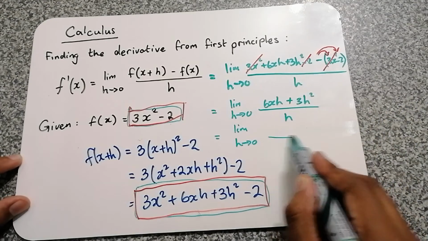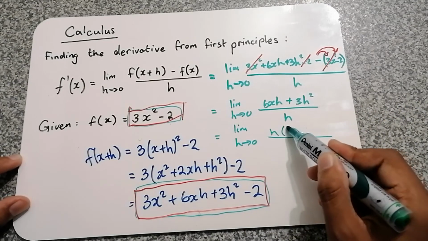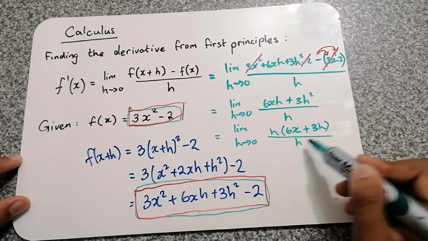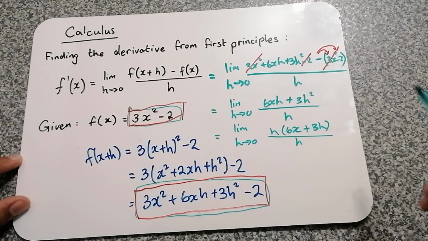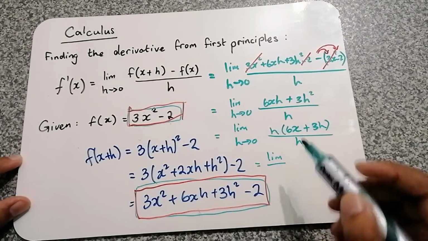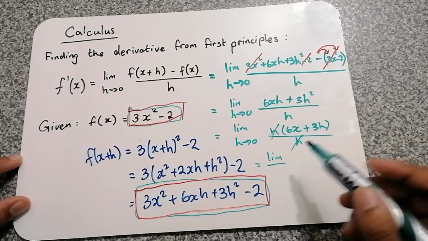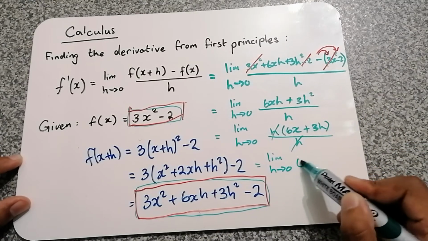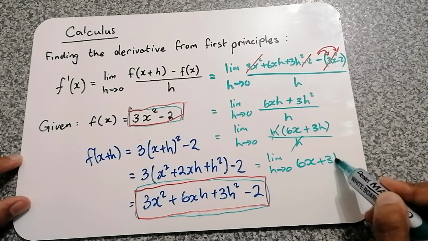Once we do that, we have h(6x + 3h) divided by h. What happens now is this h cancels with that h, and you are left with 6x + 3h.